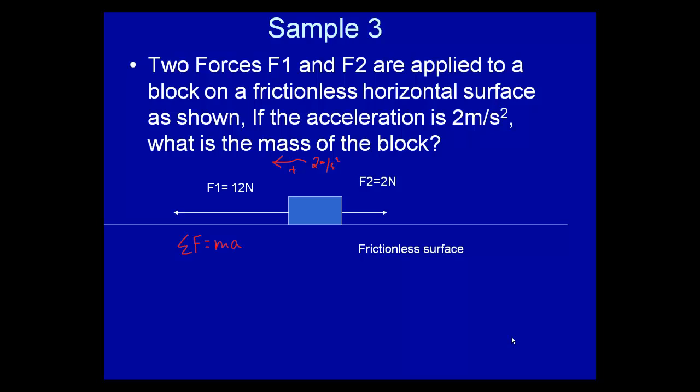The sum of the forces equal m times a. 12 minus 2, since 12 is going in the positive direction and 2 is in the negative direction, is equal to m times a, and a is 2 meters per second squared. Therefore 10 newtons divided by 2 meters per second squared is the mass, so the mass is 5 kilograms.